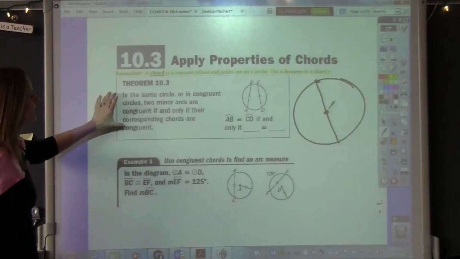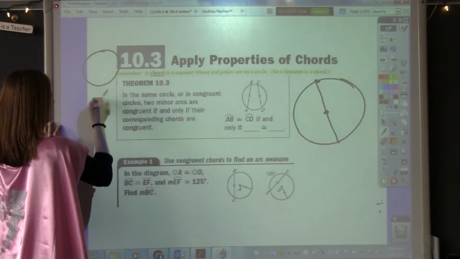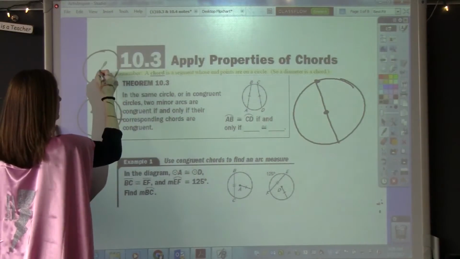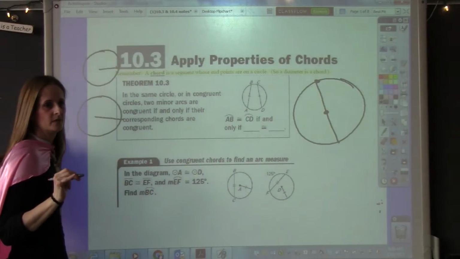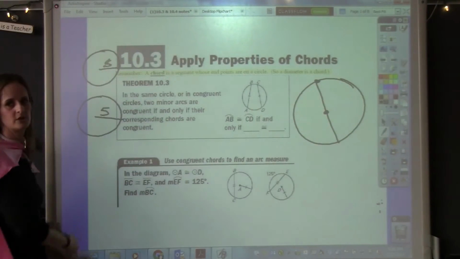So in the same circle or in congruent circles, what do congruent circles look like again? We just reviewed this when we were going over the homework. Circles have the same radius. So that's 5, that's 5, congruent circles.